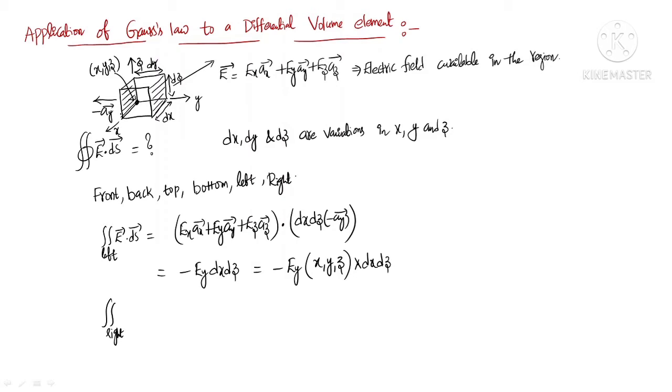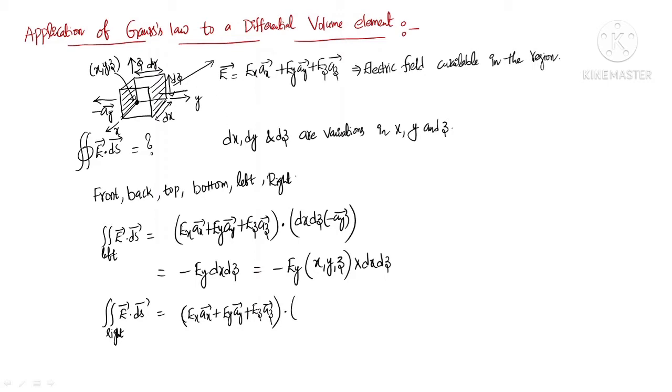Similarly, for the right surface, which is exactly opposite to the previous surface we considered, this is the left surface and this is the right surface. For the right surface, it is E dot dS. You have the same vector, Ex Ax bar plus Ey Ay bar plus Ez Az bar. What is the surface vector?